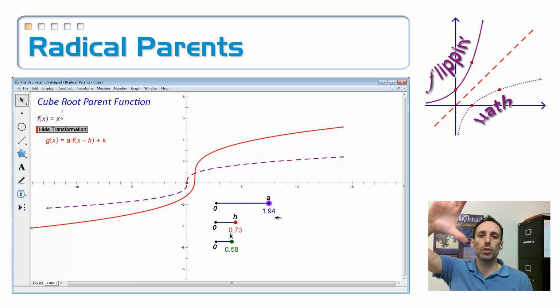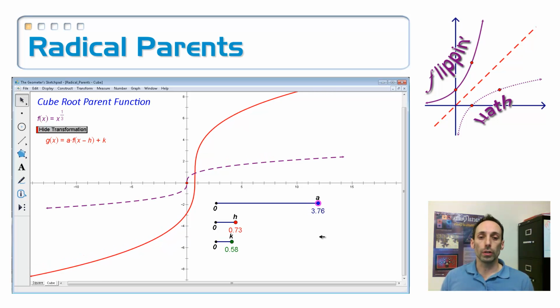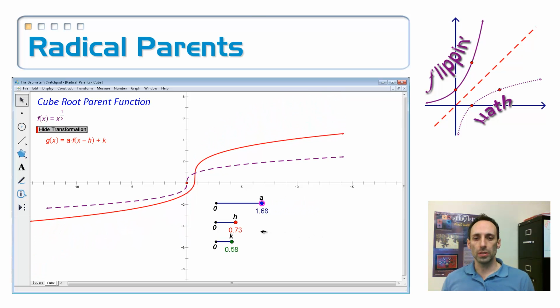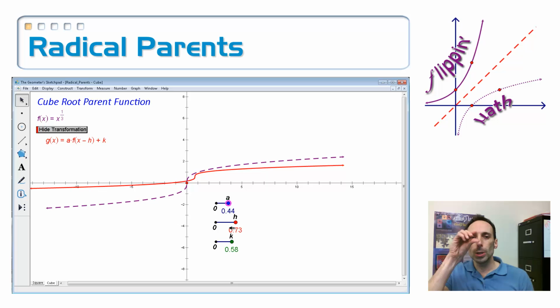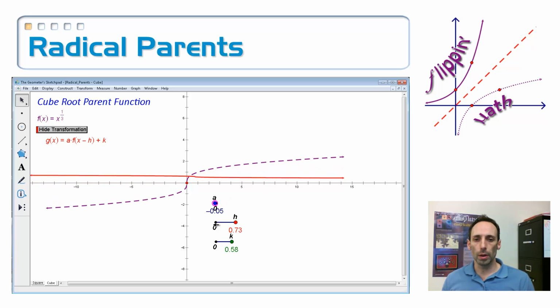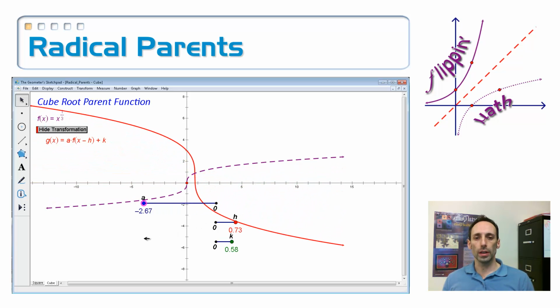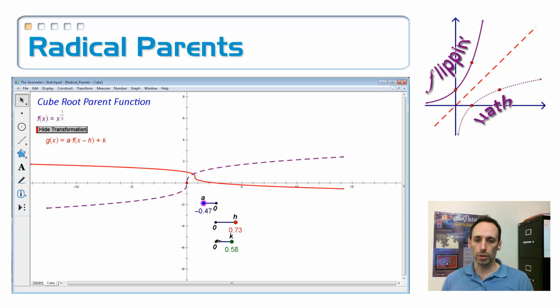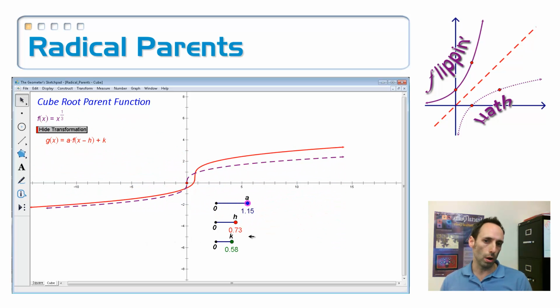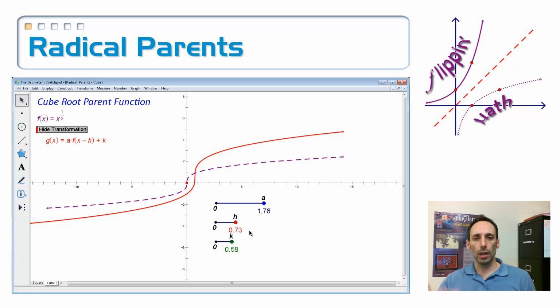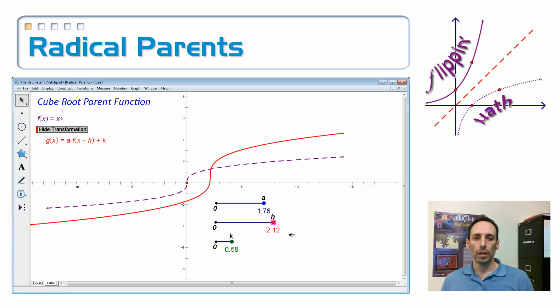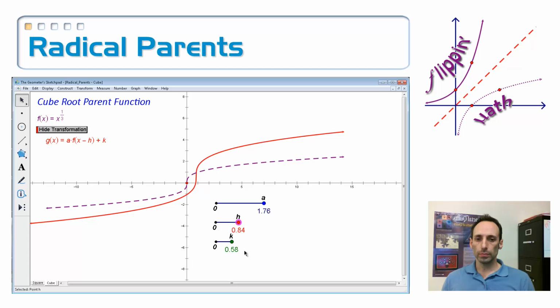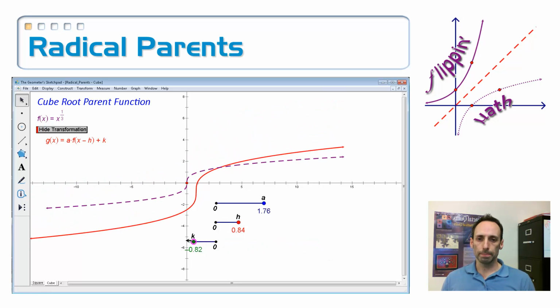Should stretch it out vertically. And if I make it between 0 and 1, it's going to compress it. It's going to shrink it down. When I make it negative, it flips over the x-axis and turns in the opposite direction. And then the h and the k, again, they do the translating left and right and up and down.